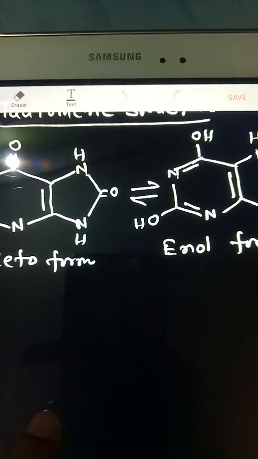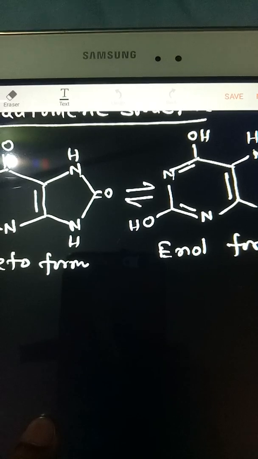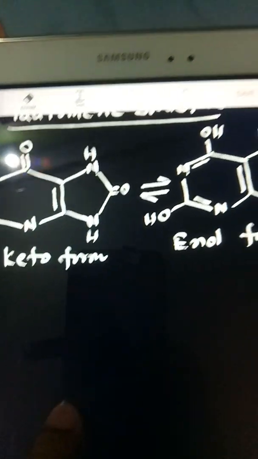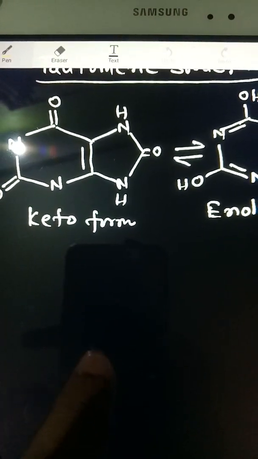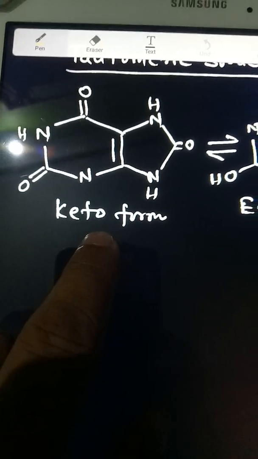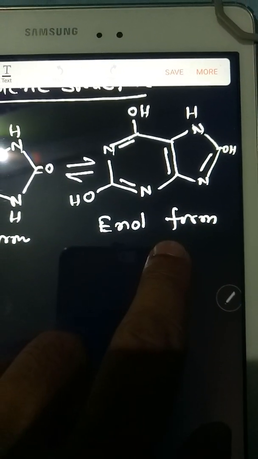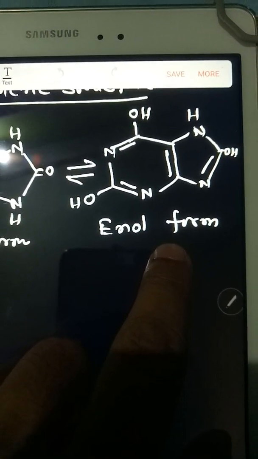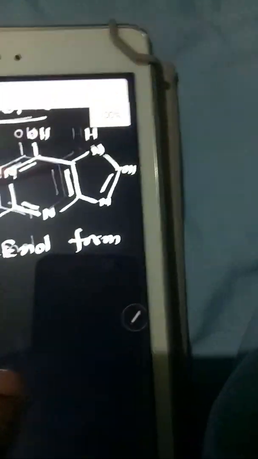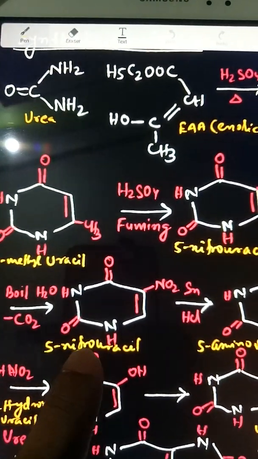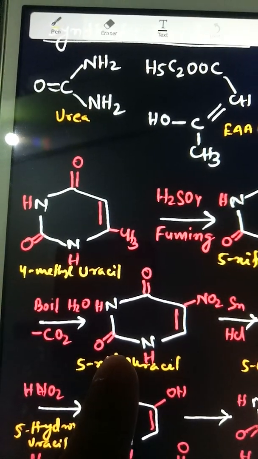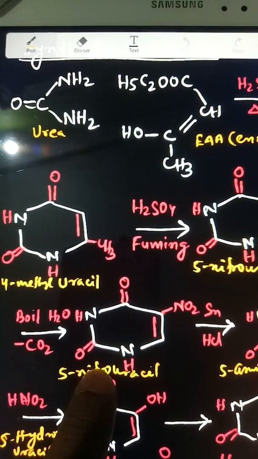Now, tautomeric structure. Uric acid exists in 2 forms. This is the keto form of uric acid and this is the enol form of uric acid. Finally, the structure of uric acid is confirmed by its synthesis.